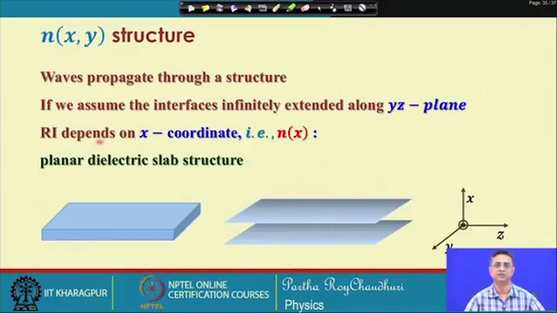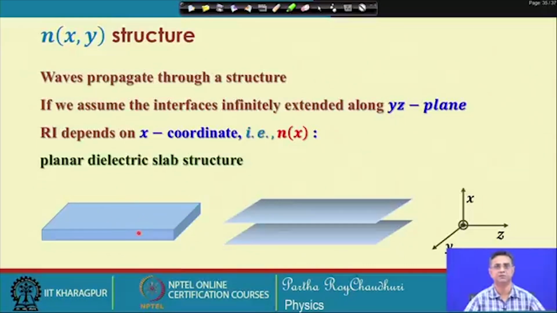And so, this refractive index depends only on the x coordinate, and you can represent this index term as n of x only, and there is no dependence on the y and z direction, because along the y direction we assume that the structure is infinite, and along the z direction it is invariant, the structure does not vary. So, the example of such a situation is a planar dielectric slab.